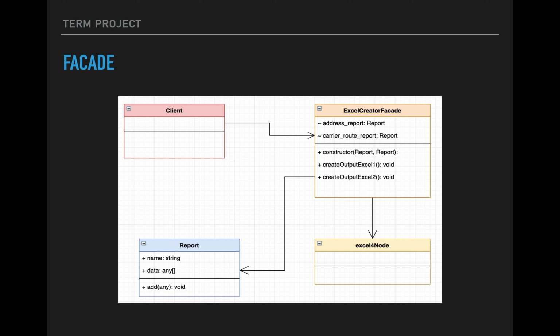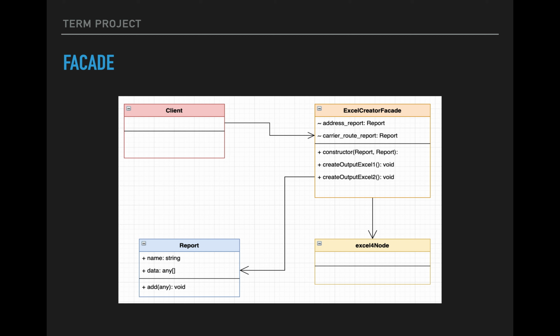So instead of the client needing to know the details of the library that's used to create the Excel document, or all the details of the report object, I'm adding a layer of abstraction over that, and instead they can just pass their reports into the facade constructor, and then use the two create output methods to create the corresponding actual Excel documents.